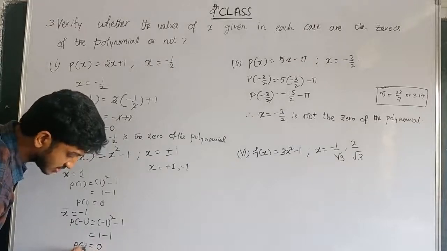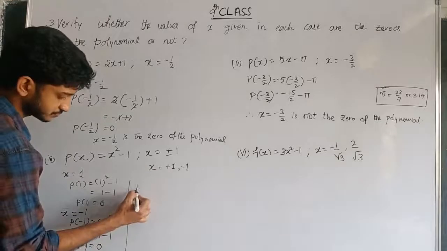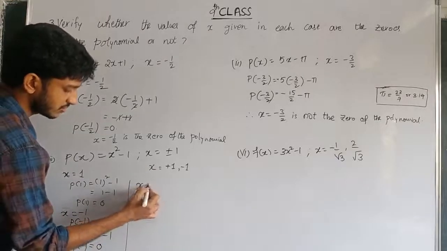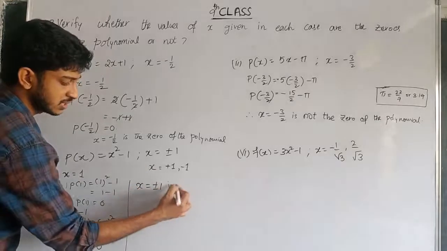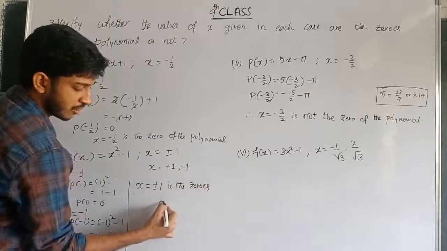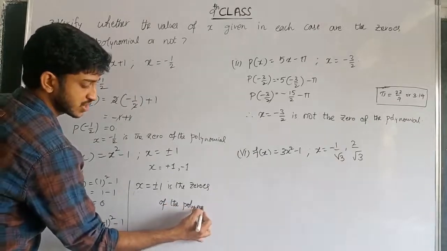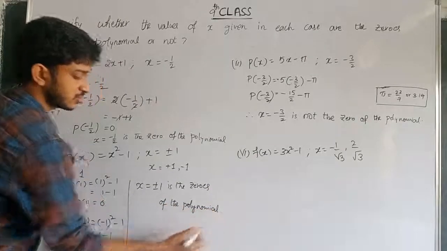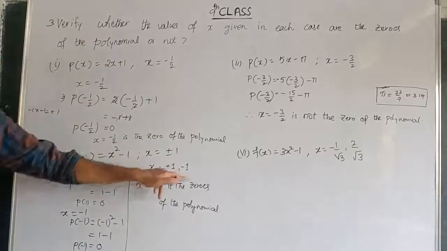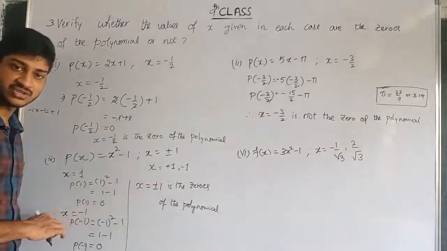P of minus 1 is also 0, which means x equal to plus or minus 1 are the zeros of the polynomial. Okay. So here these two values are the zeros of the polynomial. Why? At these values we got p of x equal to 0.